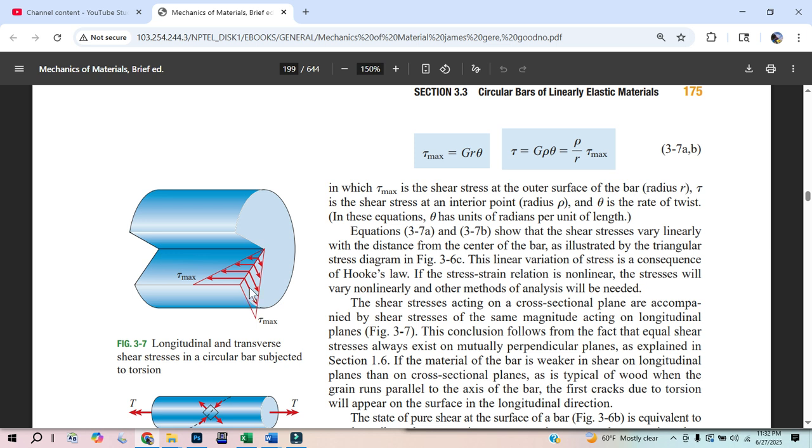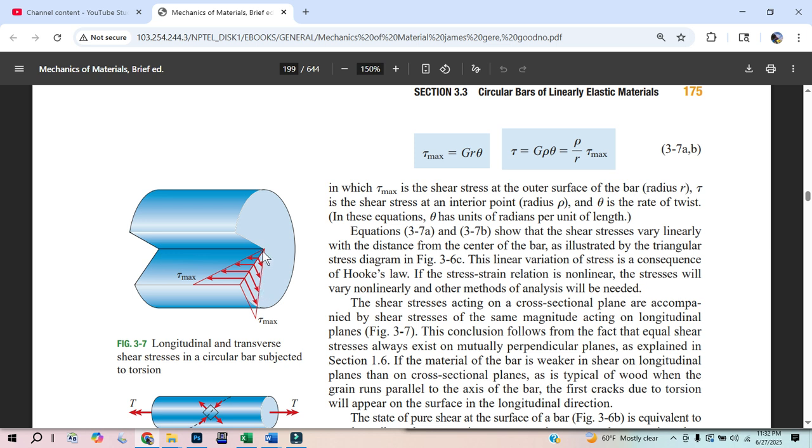So the only equation that we need, if this is our tau max, and again, this is just the max value on the surface, what I want is just an equation for tau. And what's varying is the radius. So as I move from here to here, at here, my value is tau max.